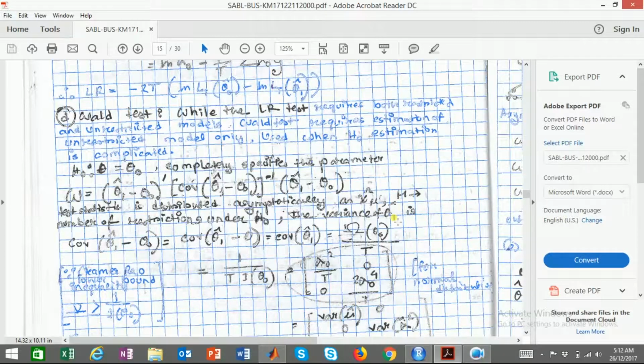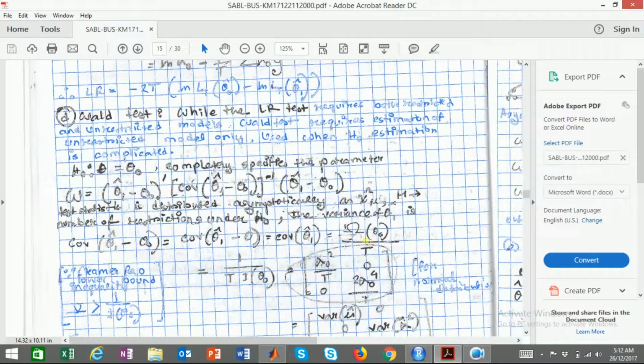So V inverse in this case is multiplied by V instead of ut transpose. V inverse V cancels out, and we have the identity matrix In multiplied by T, because V is not only ut transpose, but ut multiplied by ut transpose divided by T. So we have T multiplied by the identity matrix.